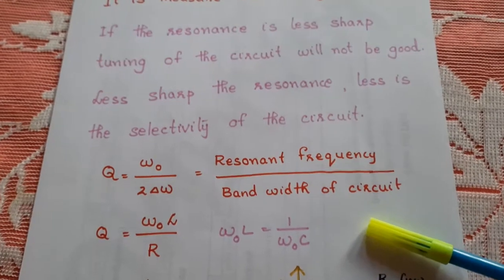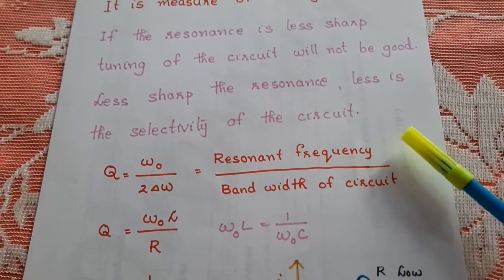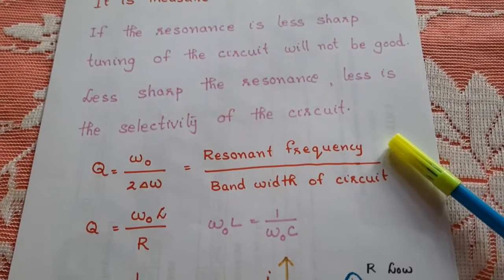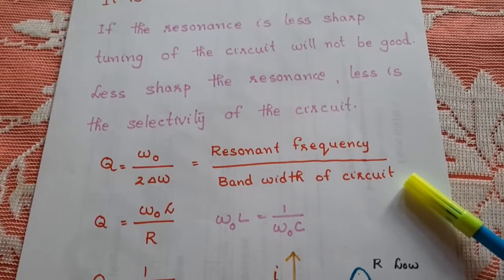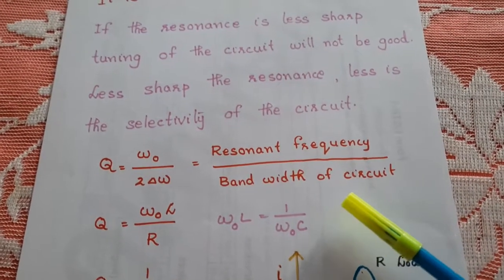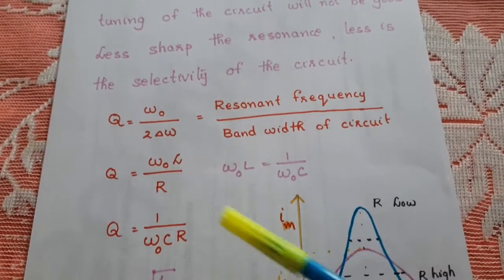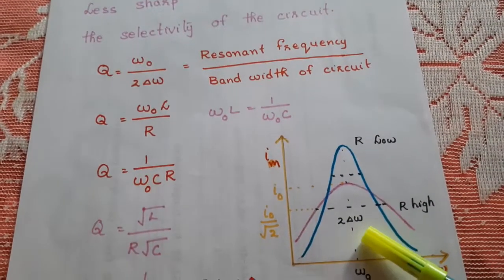So the quality factor or Q factor is defined as the ratio of resonant frequency to bandwidth of the circuit: resonant frequency ω0 by bandwidth 2Δω.